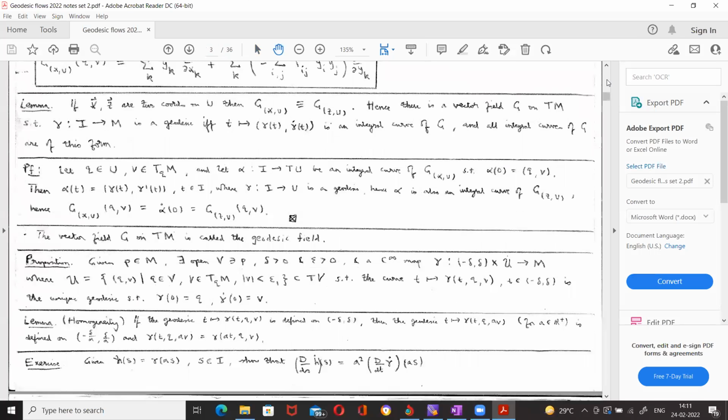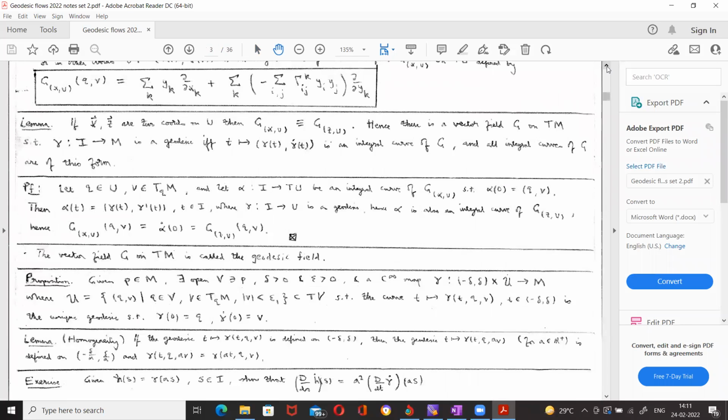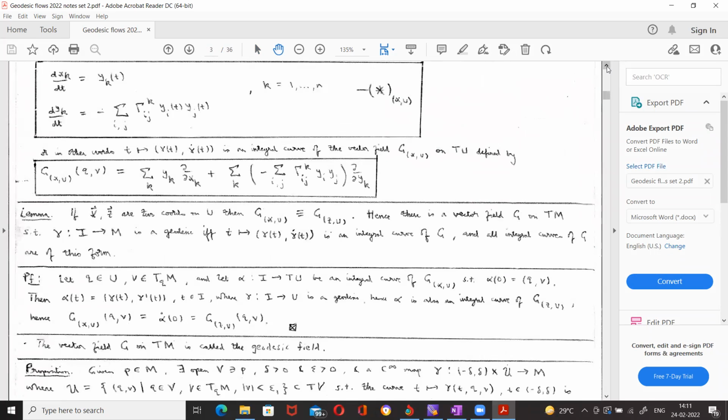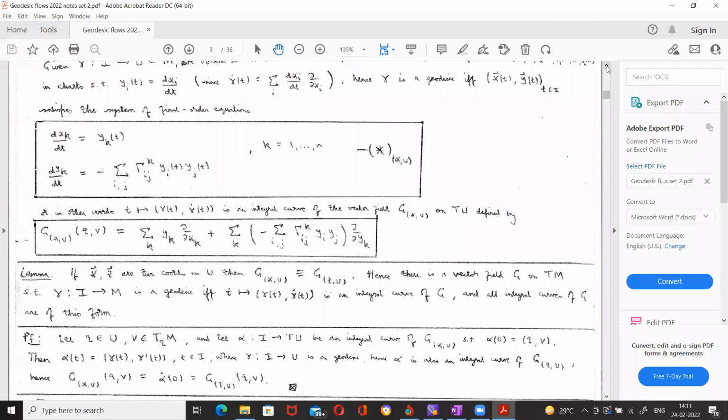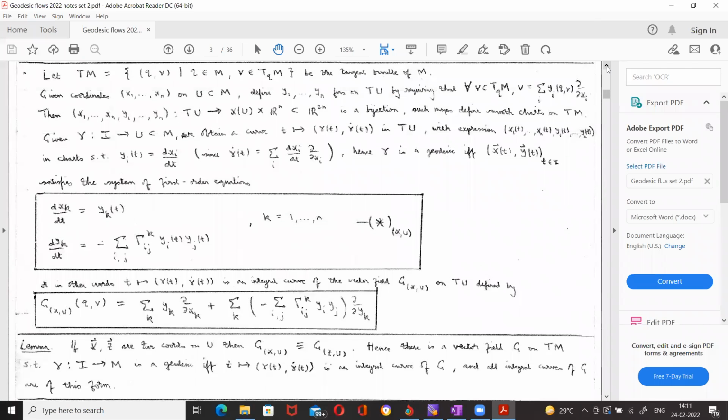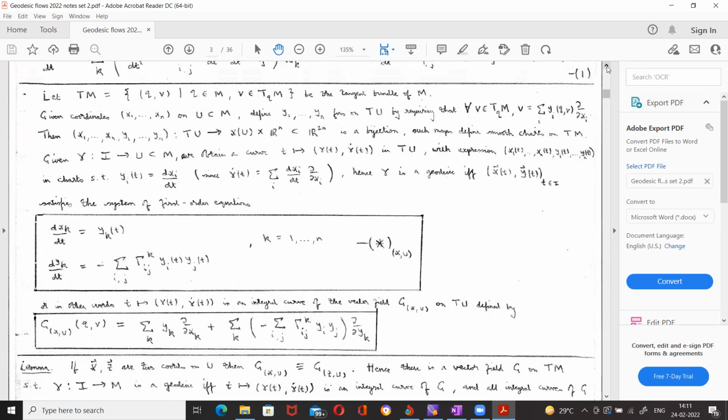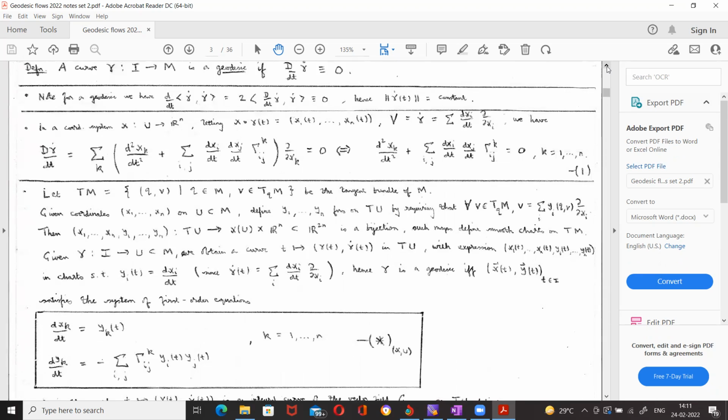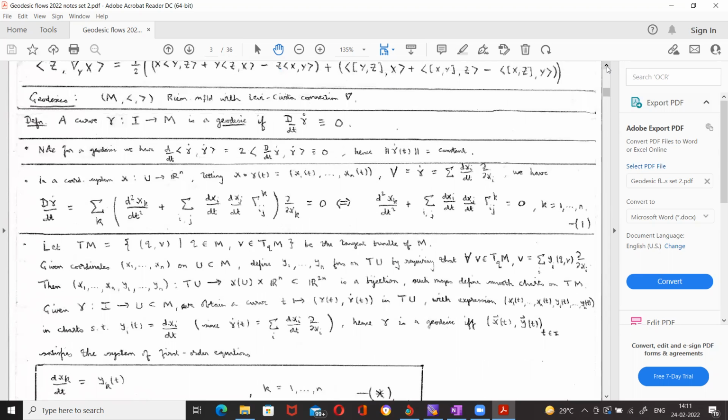So last time we talked about the geodesic equation. We first proved the existence and uniqueness of an affine connection on a Riemannian manifold which is compatible with the metric and which is symmetric. There is a unique such connection, called the Levi-Civita connection or the Riemannian connection. Using that, we were able to define geodesics.